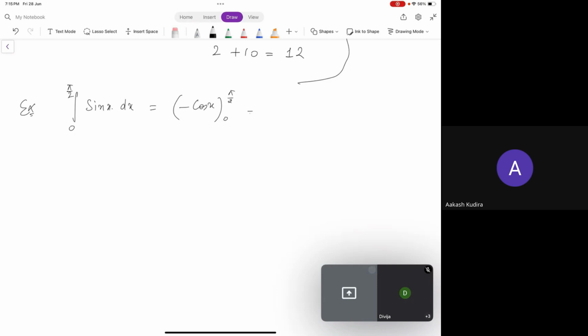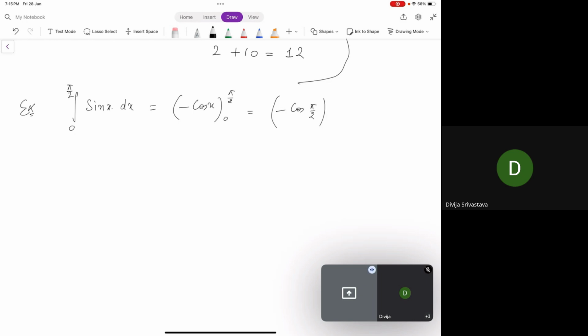Now they will put in the values. First of all, we will put pi by 2, so minus cos pi by 2.